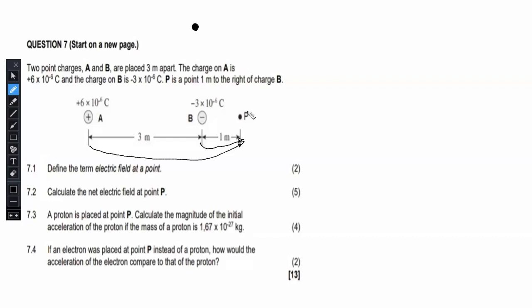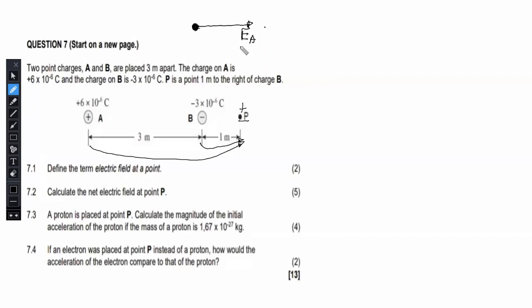So we always note that P here has to always be a positive point charge. So if we have positive P and then charge A is also positive, we do understand that P will be repelled, right? So let's indicate, we say P will be repelled and then therefore it will go to the right. So we will indicate that this is EA.